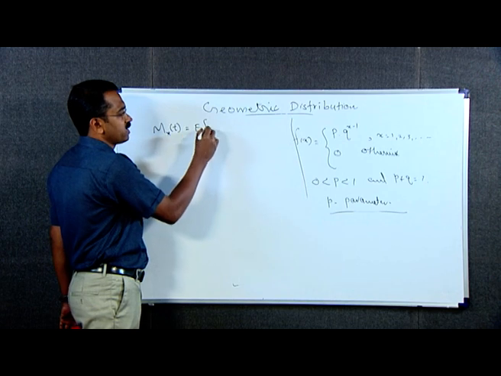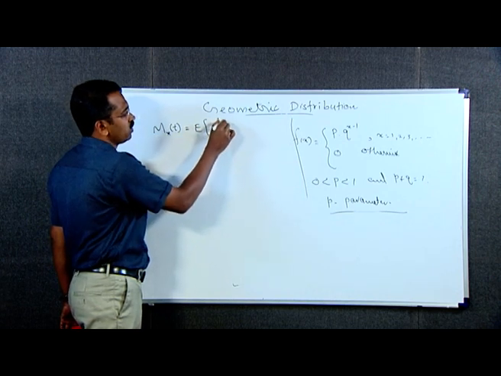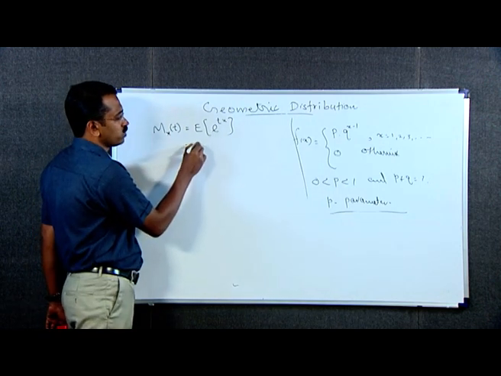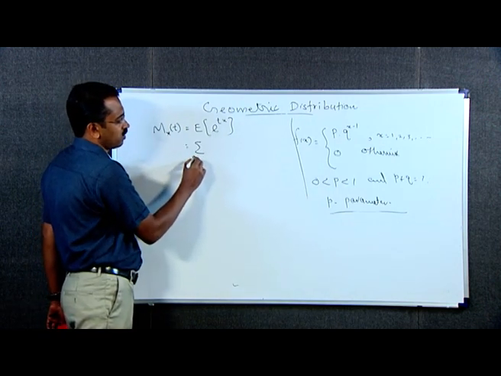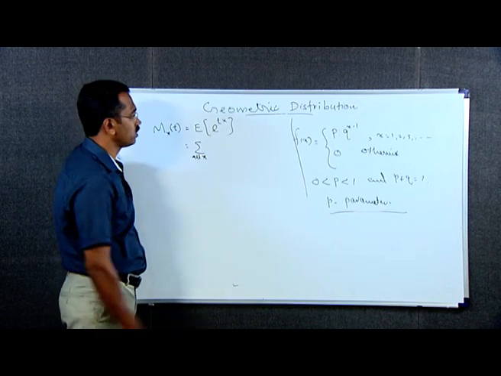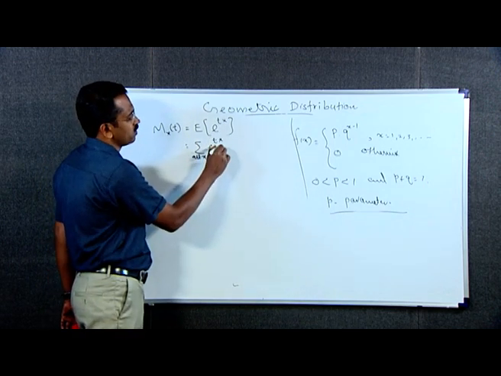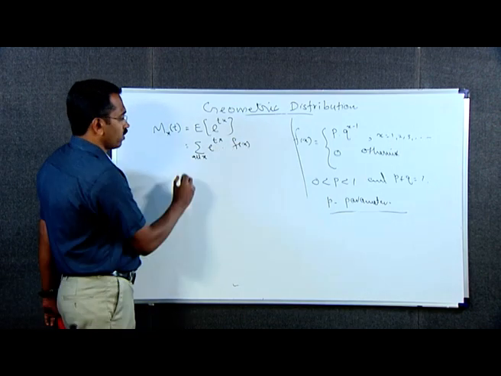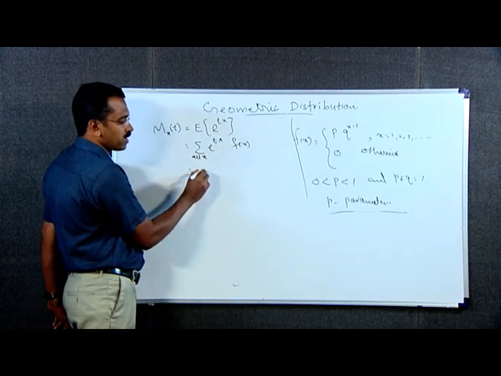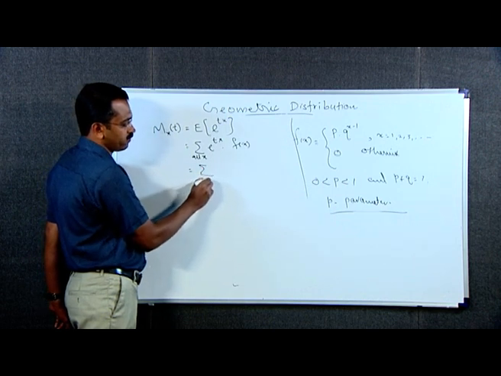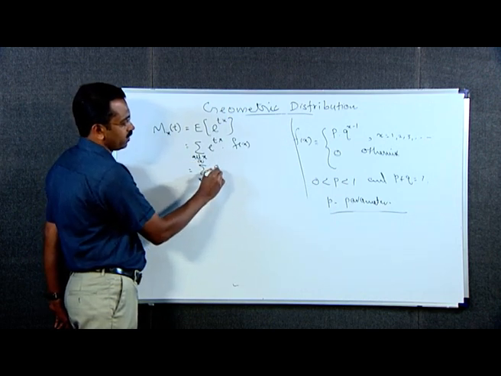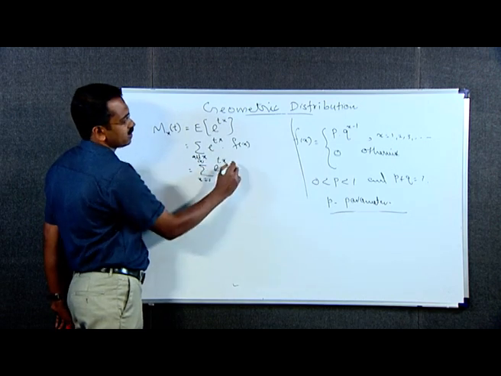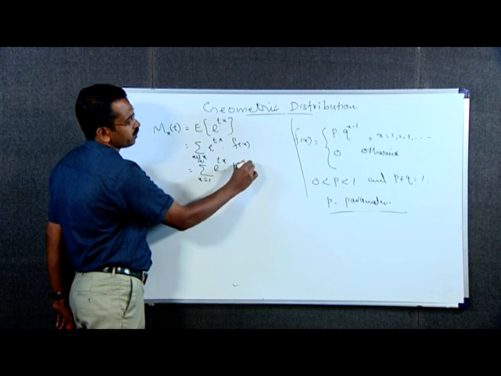It is expectation of e raised to tx, which is equal to summation over all values of x of e raised to tx into f of x. This is equal to summation x varies from 1 to infinity e raised to tx into f of x, which is p into q raised to x minus 1.